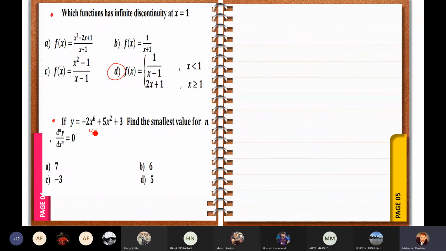Okay, derive. So first derivative, negative 12x power 5 plus 10x. Sorry, negative 12x power 5. Second derivative, 5 multiply negative 12, negative 60, x power 4 plus 10.